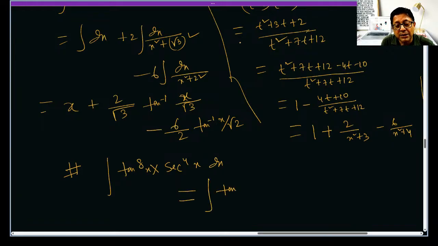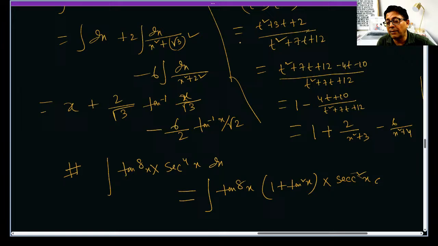It is tan to the power 8x, and then write sec to the power 4x as (1 plus tan square x) into sec square x, isn't it? Now complete the sum by making a substitution over there.